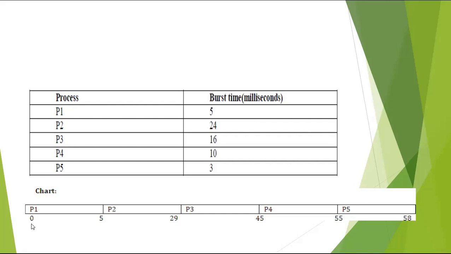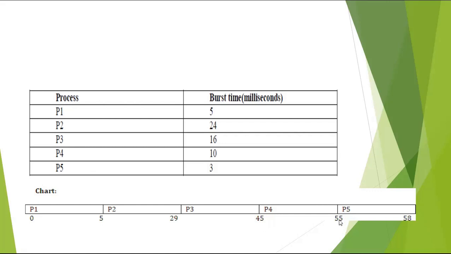Then the P2 process. When does P2 get its CPU? P2 gets its CPU at 5 milliseconds, when it has arrived at 0 milliseconds. So P2's waiting time is 5 minus 0. Then P3's waiting time is 29 minus 0. P4's waiting time is 45 minus 0.